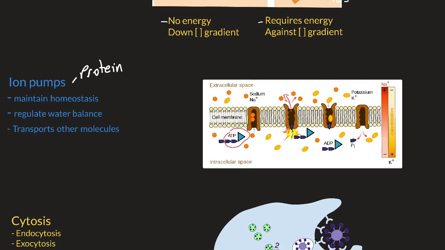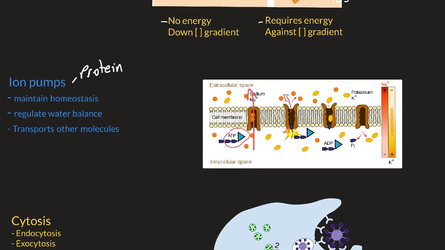So there's a requirement for a certain concentration on either side of the membrane, and it can't rely purely on the process of diffusion for that to occur. Sometimes they need to actually pump the ions through to get the concentration that's required.